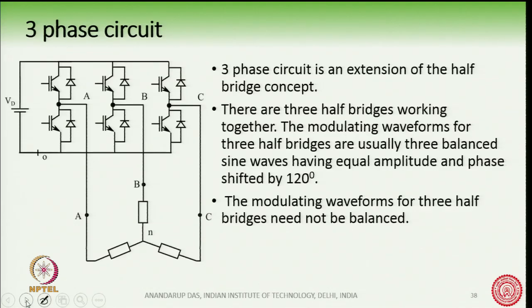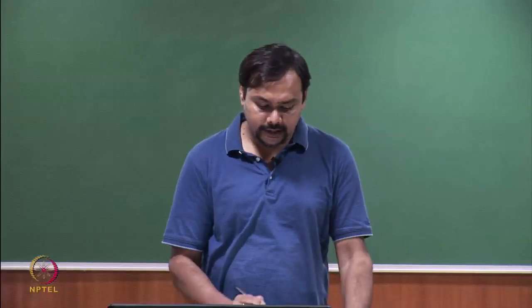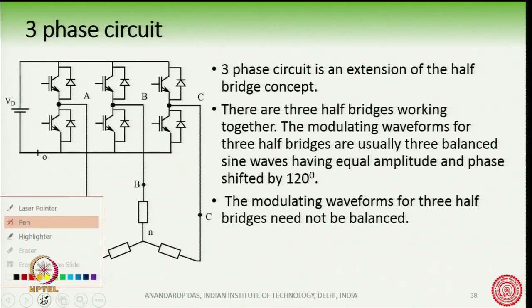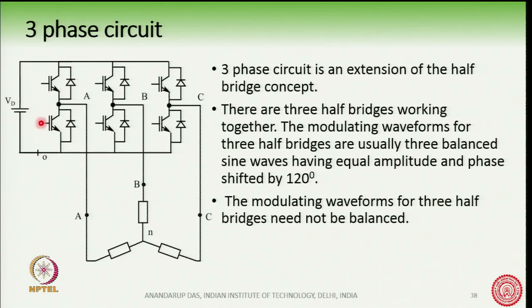Okay. Now, we go to the next step. We have seen that leg A and leg B can be operated independently. So, let us put a third leg, and that is leg C here. Again, these three legs, leg A, leg B and leg C, are completely independent of each other.